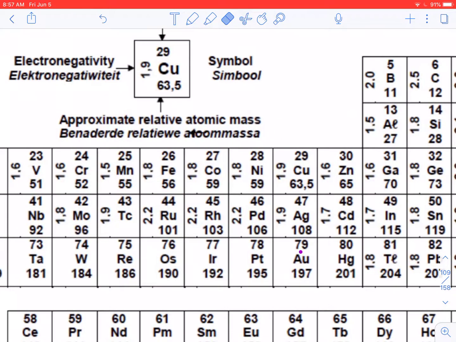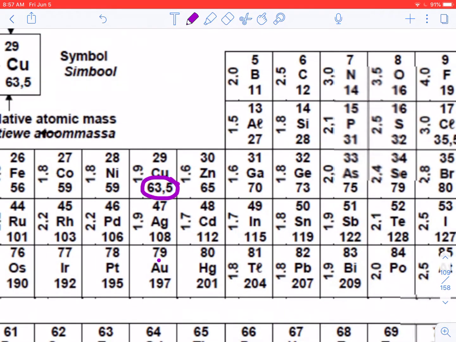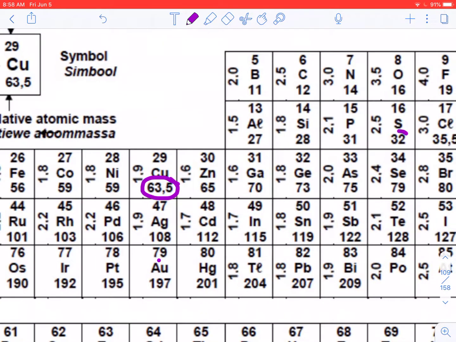And you can see copper is 63.5. Then sulfur is 32, and oxygen is 16. Isn't it so? Right?